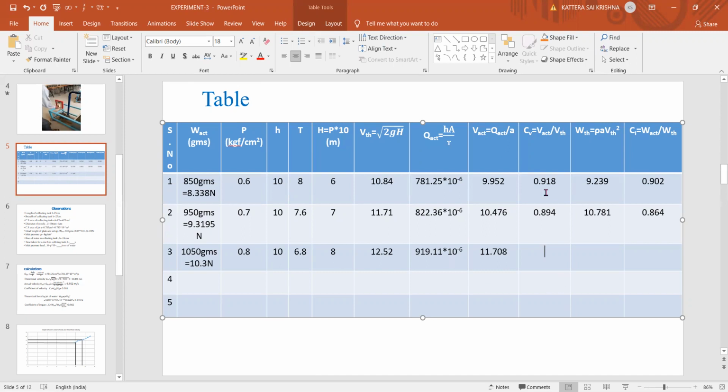How much time do you need for this small calculation? 11.7 divided by 12.52, Raghuveer.